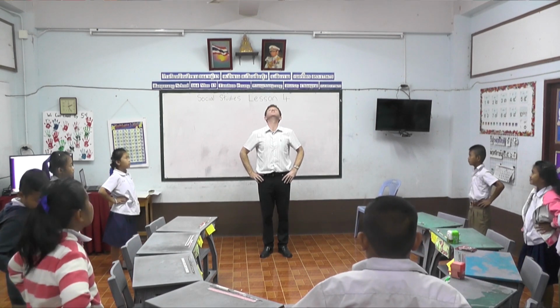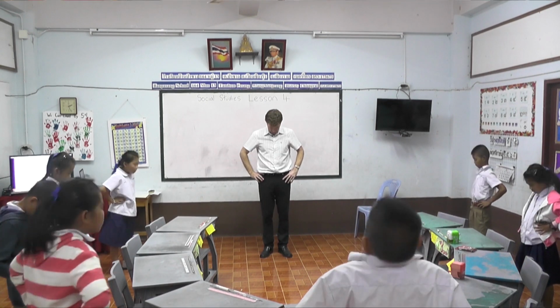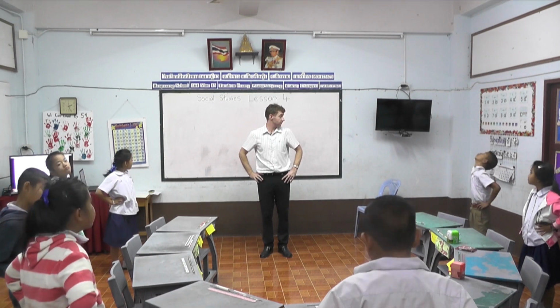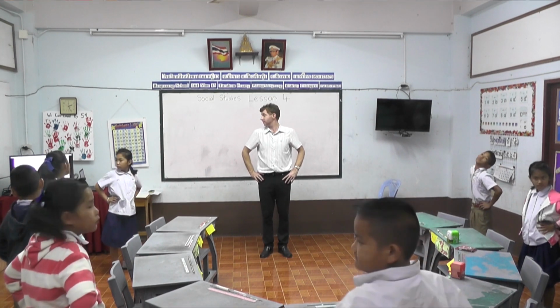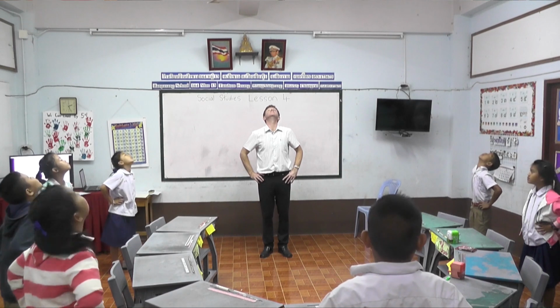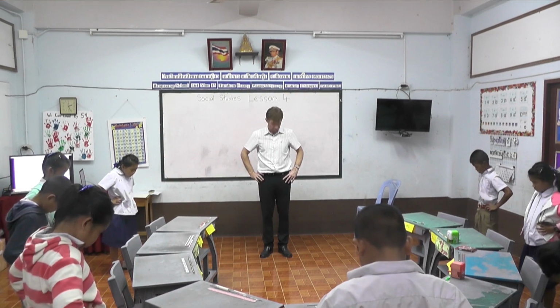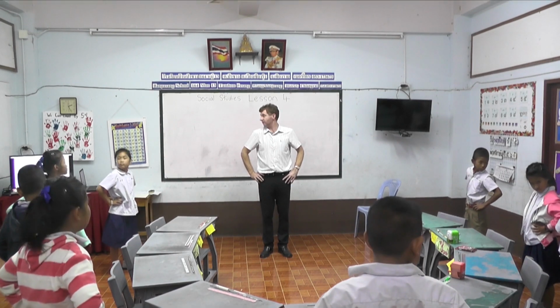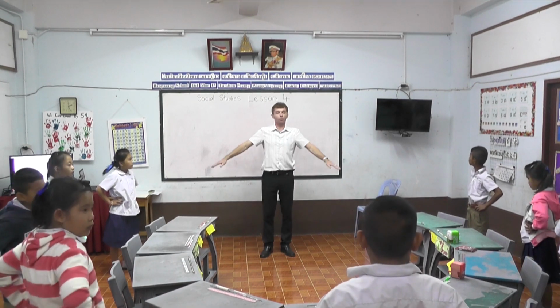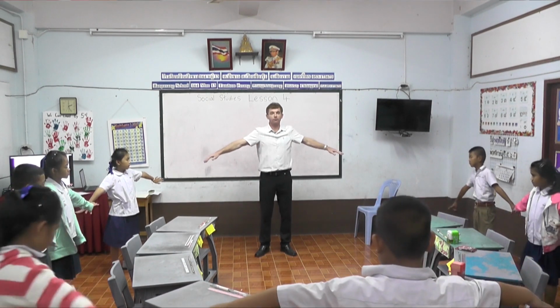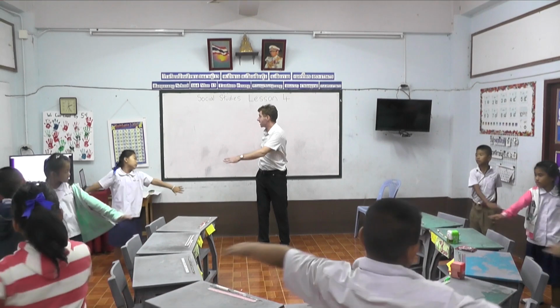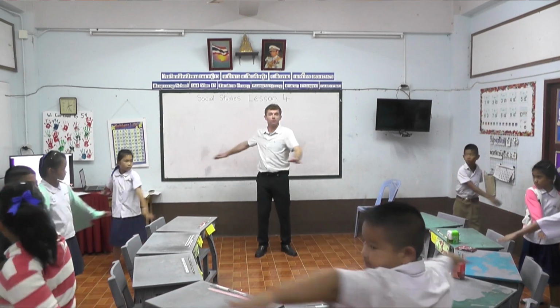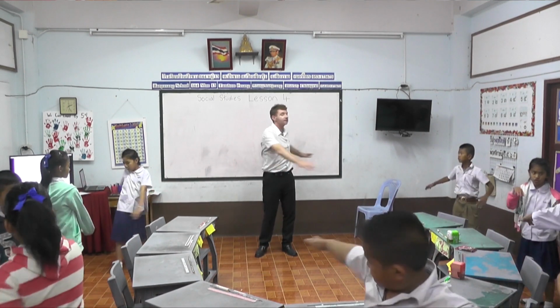Let's look up. Look down, look left, look right, look up, down, left, right. And now make sure we've got a little space, arms out, and just move gently from side to side, just to give your spine a nice little exercise.